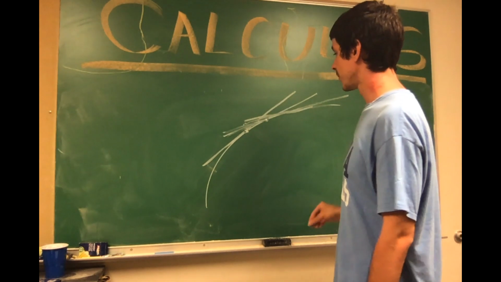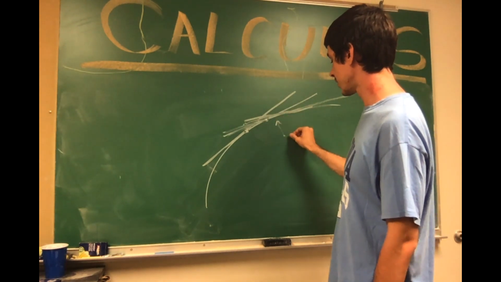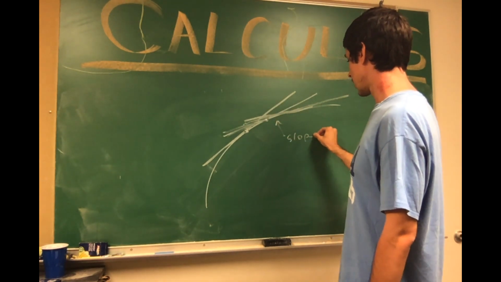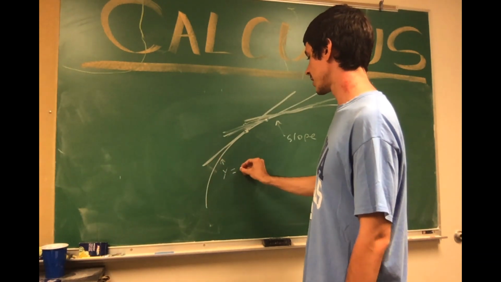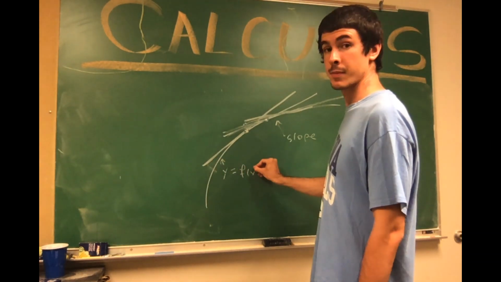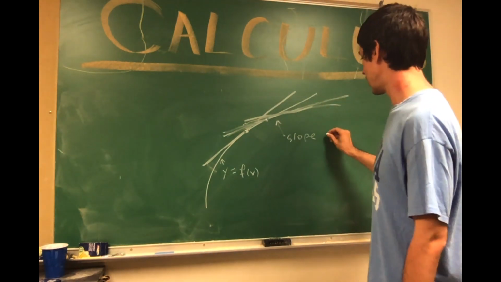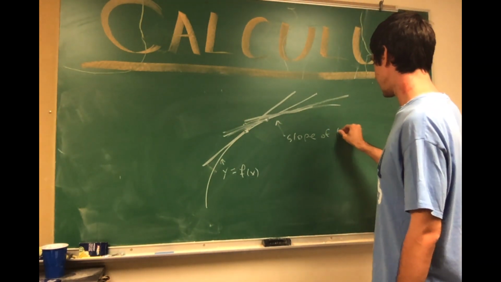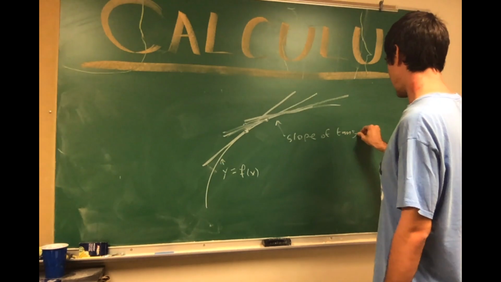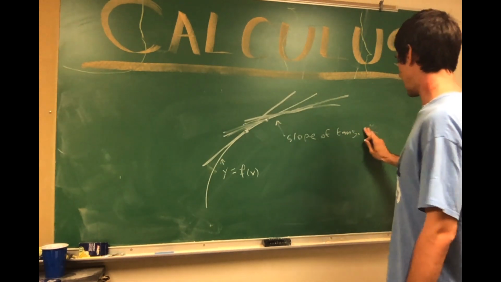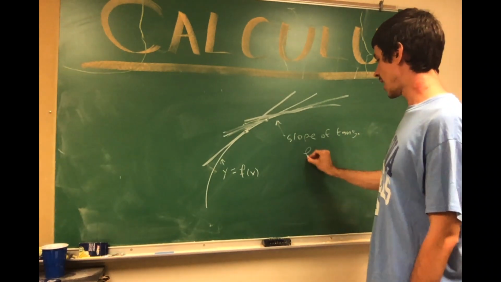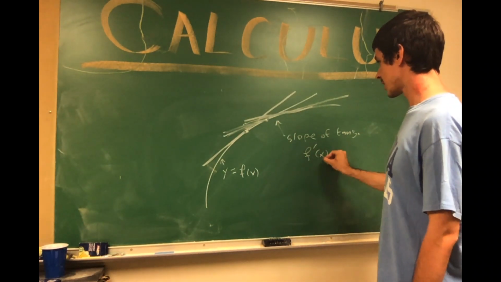And the slope of the tangent, so the curve is y equals f of x, and the slope of the tangent line is f prime of x.